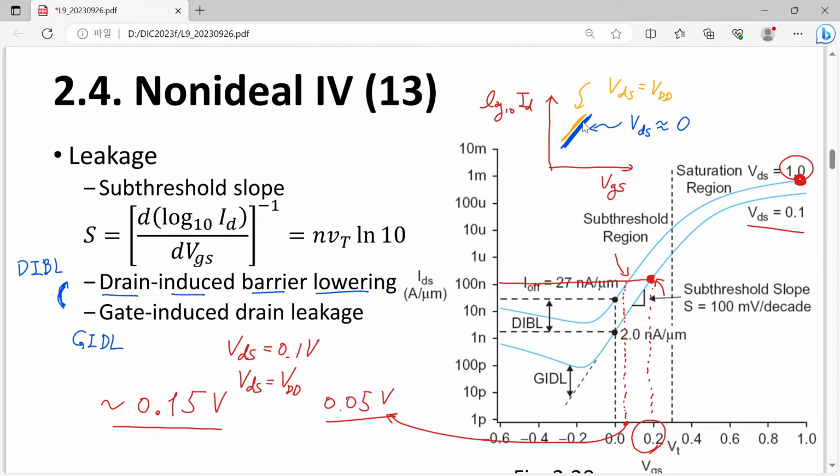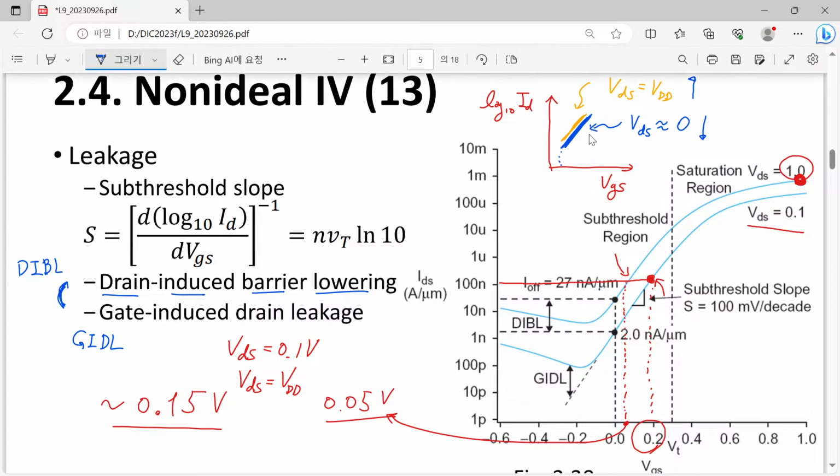So simply speaking, if the transistor is ideal, whether you apply high voltage or low voltage should not make any difference in your subthreshold current. In this range, your current does not depend on the VDS value. That is our ideal case.